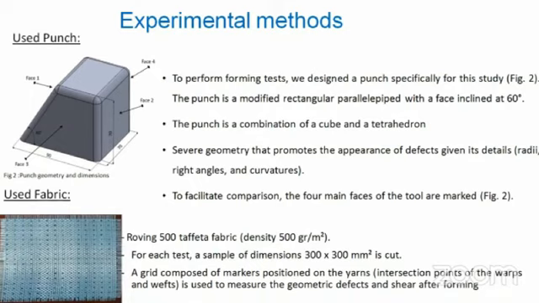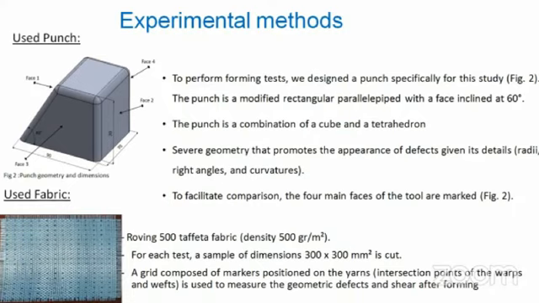500 taffeta fabric has a density of 500 grams per square meter. For each test, a sample of dimension 300 by 300 millimeters is cut.